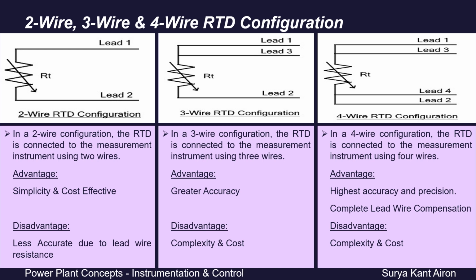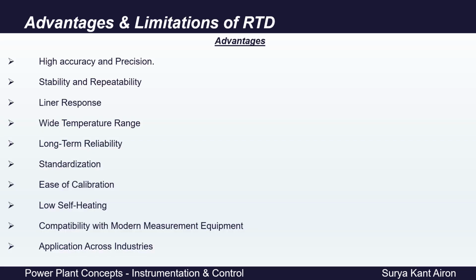So the four wire configuration is preferred for higher precision applications where accuracy is paramount and the cost is a secondary consideration. Basically, the choice of configuration depends on the specific accuracy requirement of the application and the available budget for wiring and instrumentation.